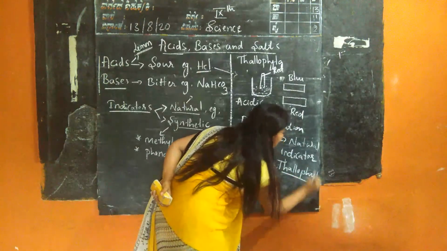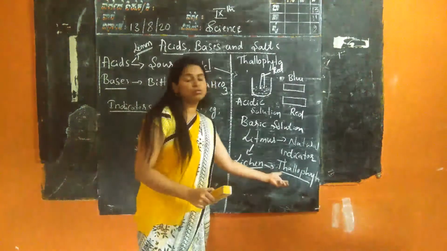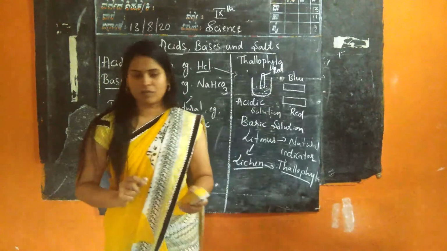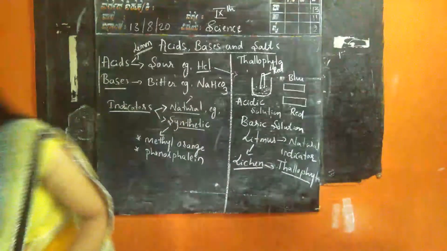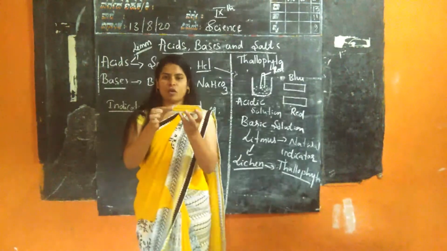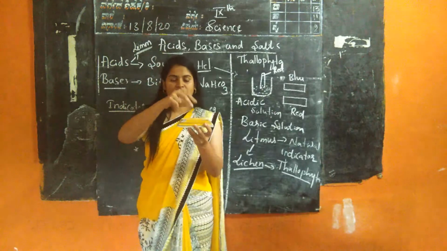So what is this Thallophyta? Why did we keep lichens in the Thallophyta? Thallo means flat. I will give one example. Just imagine this is a rock where more and more water is falling.